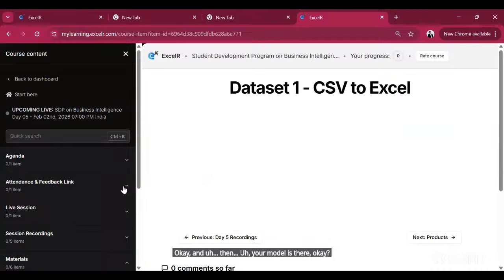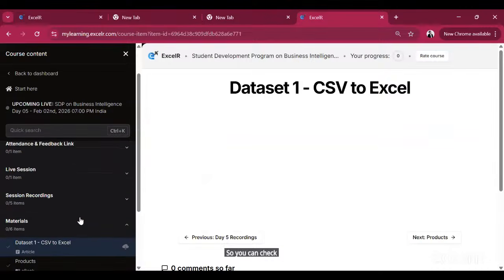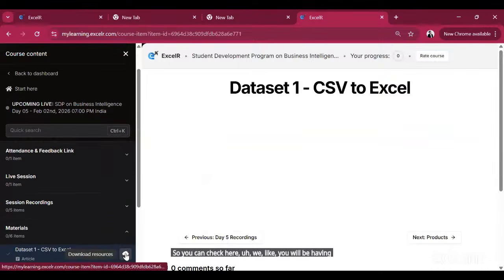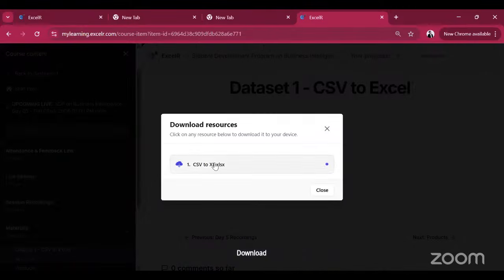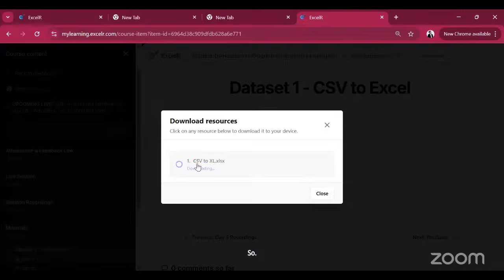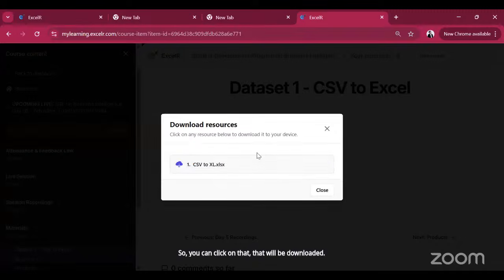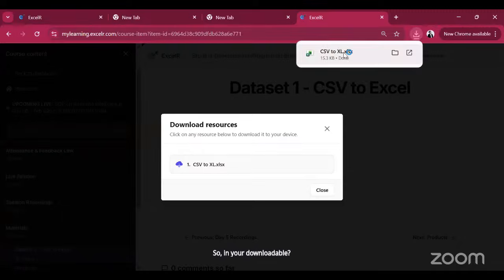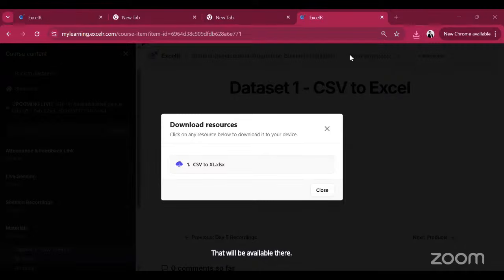You will have the option here, download resources, CSV to Excel. You can click on that and it will be downloaded. In your downloadable files, you can check in downloads, and it will be available there. Today's file is similarly uploaded on the LMS board, so you can just check that.